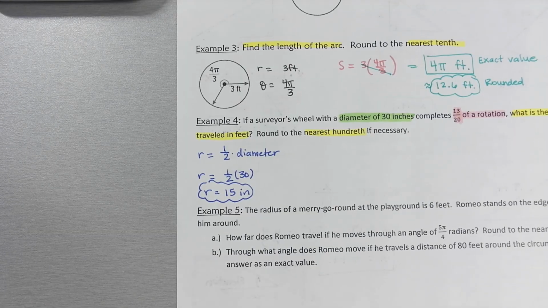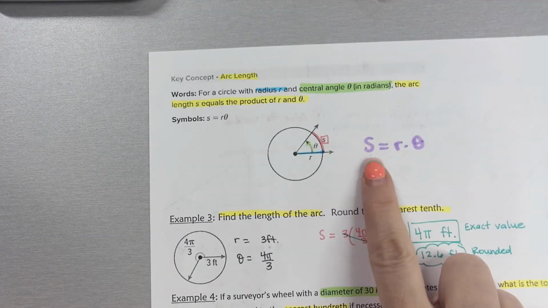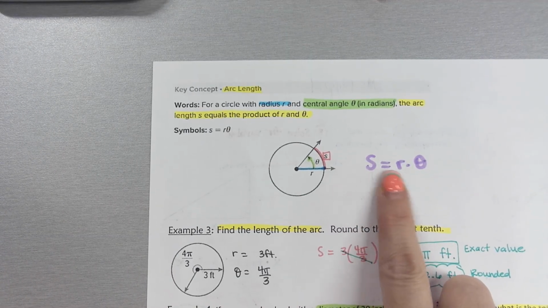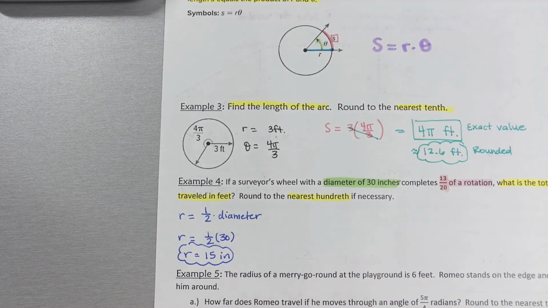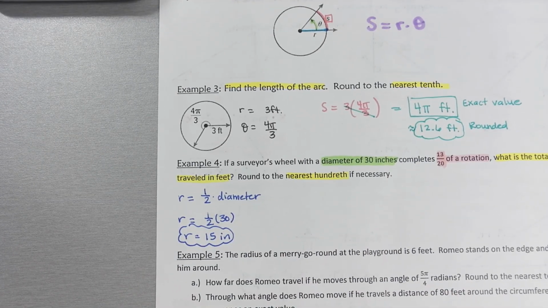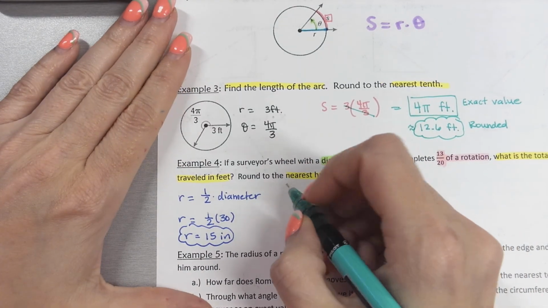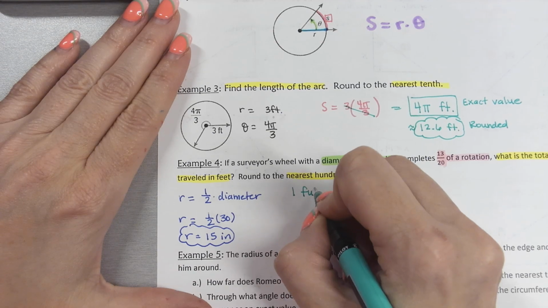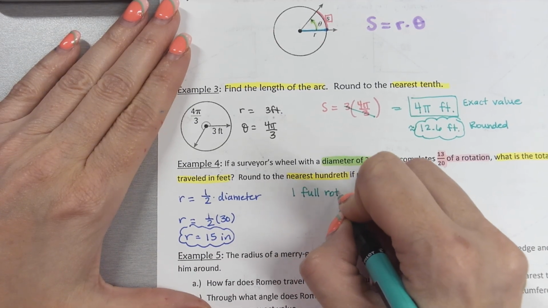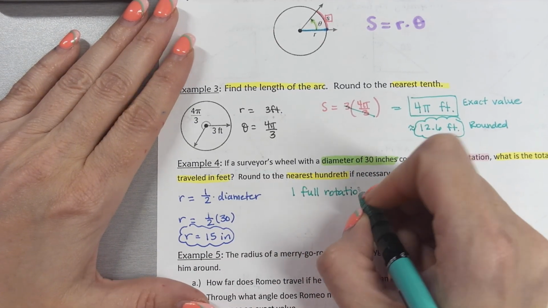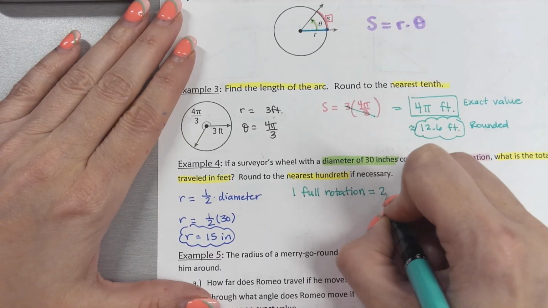Now we are going to be using the same equation where the arc length is the radius times theta. When you have one full rotation of a circle in radians, what's one full time around the circle? In degrees, it's 360.